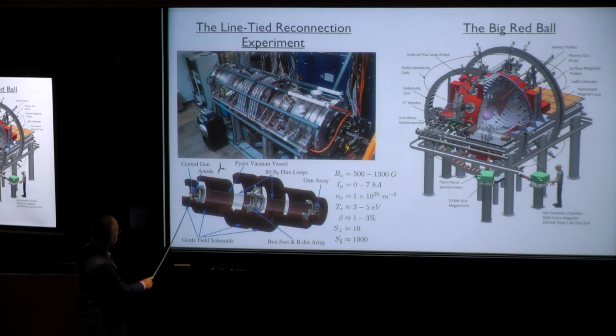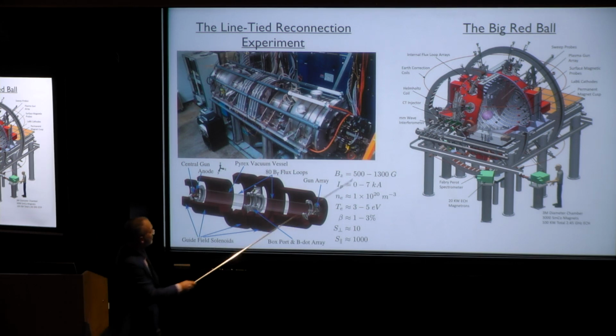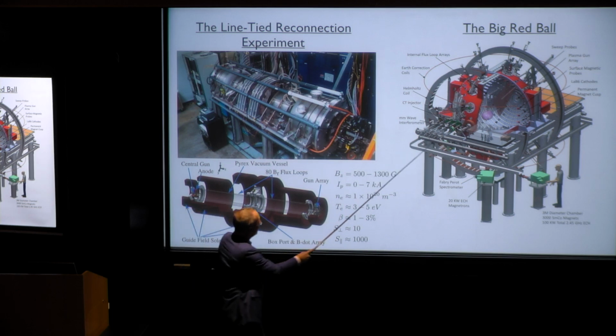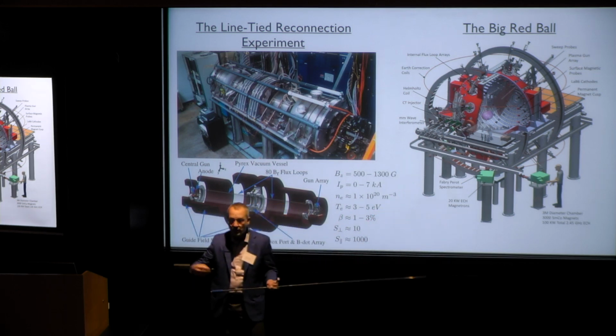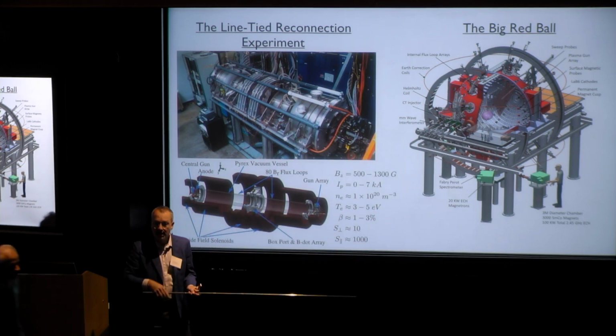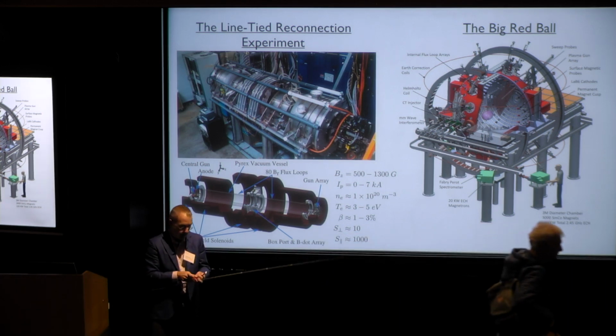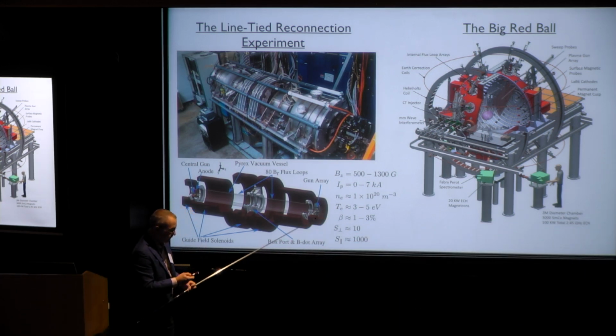And so this is really very simple. The big red ball, what we've done is now we've taken this geometry and we've put anodes and cathodes at each end. We send current through the machine, and we can create flux rope turbulence inside the machine. And I'll show you that geometry as we go forward.